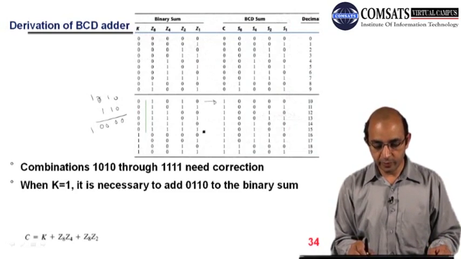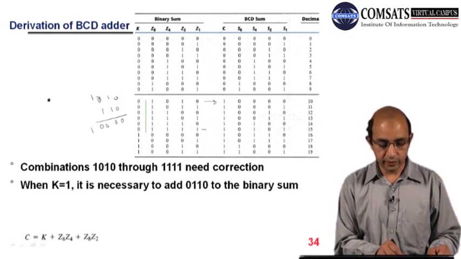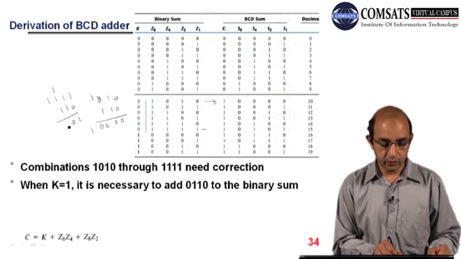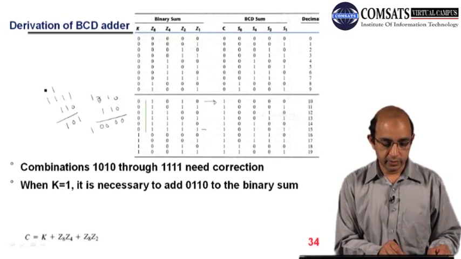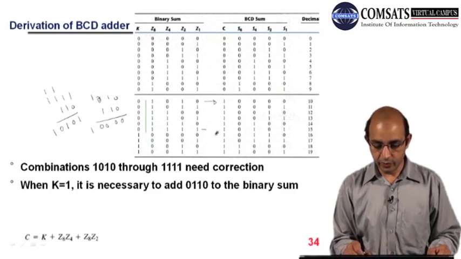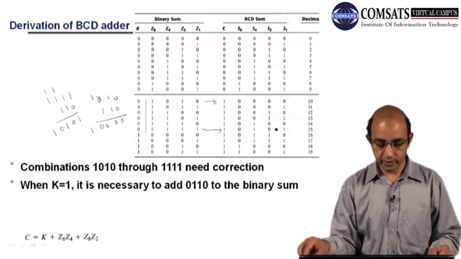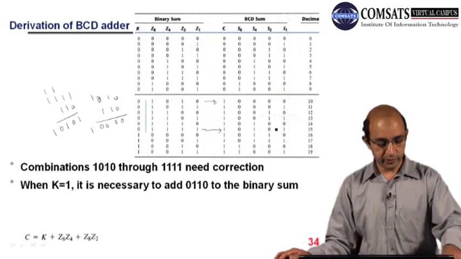Similarly, if you have to manipulate this, we can always have 1 1 1 1, plus 1 1 0, and then we have 0, 1 carry, 1, and 1 carry, 1 plus 1 plus 1 carry, so we have a 0 and 1 here. So if you look here, we have the same number 1 0 1 0 1. So this is the way out to convert, to have the equivalence.